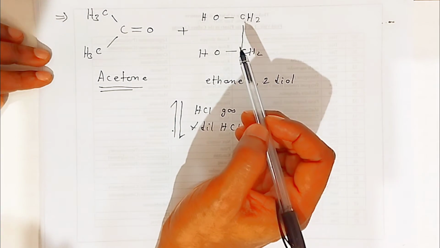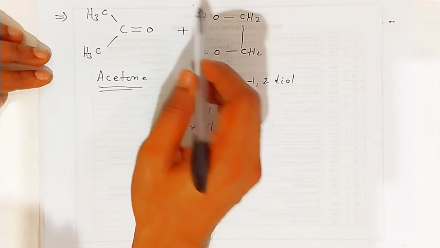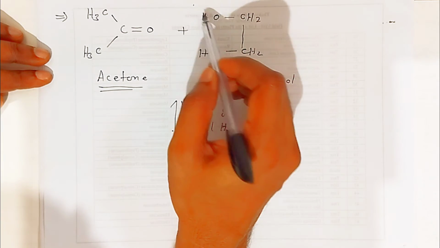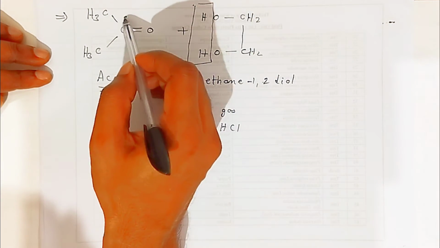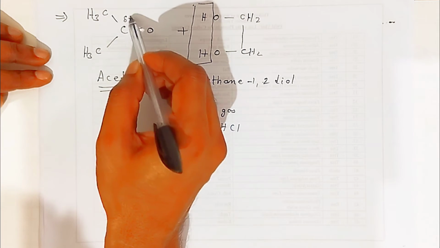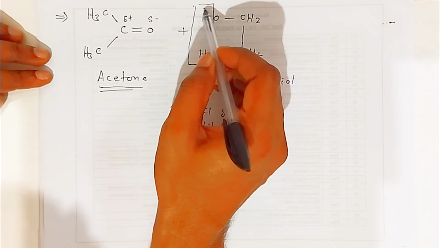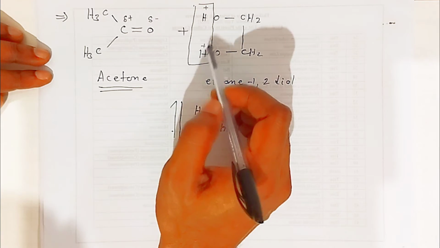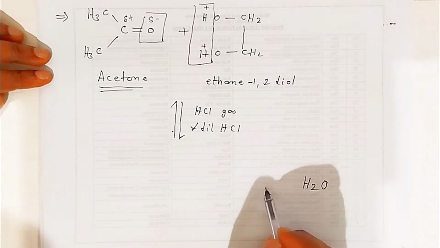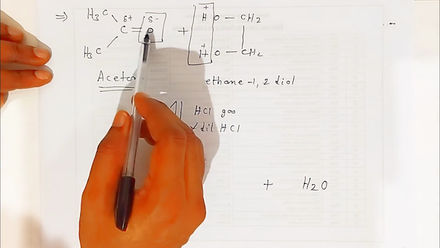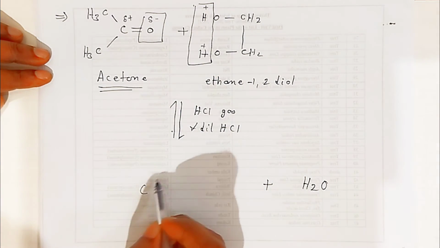These two hydrogens are positive charge. Here this carbon will be positive and the oxygen will be negative. So this positive hydrogen is going to react with the oxygen and form water molecules. Now this carbon oxygen double bond will break and it will form the bond like this.